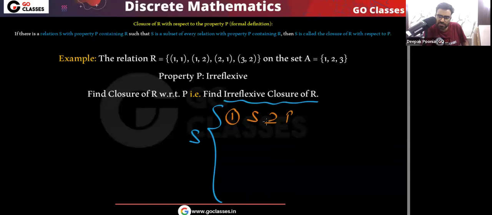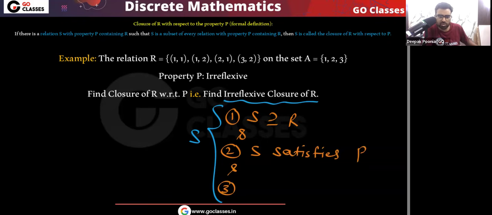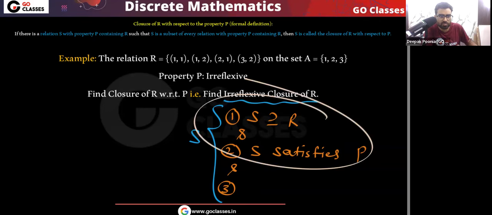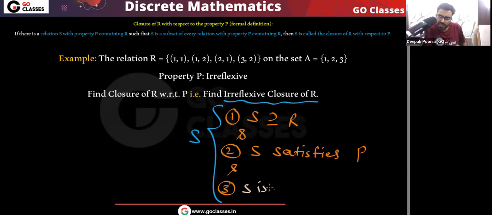This must contain R, and this must satisfy property P. And the third thing is that this S must be a subset of every relation with 1 comma 2.